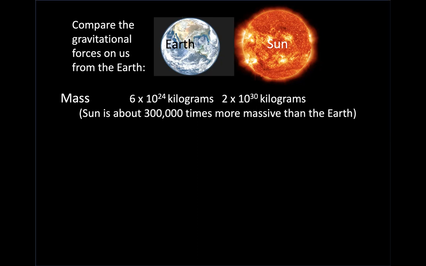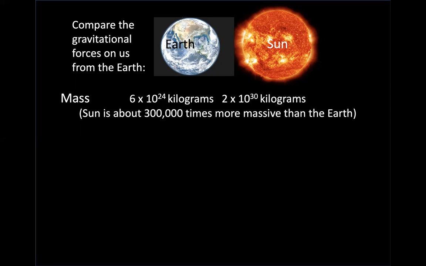Okay, so the sun is more massive, should have more gravity. That's fair, but we also have to consider the distances involved. Now, the distance to the Earth is actually a little non-trivial because there's bits of the Earth that are right under our feet, but there are also bits of the Earth that are all the way in Australia, which is quite far away.